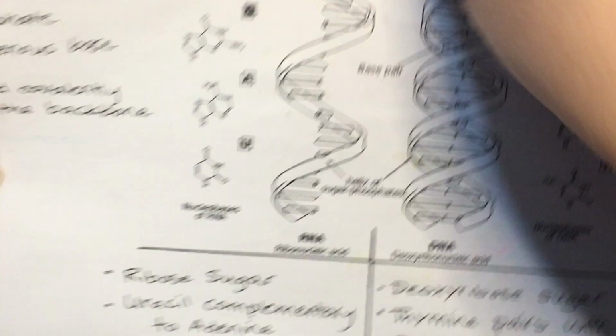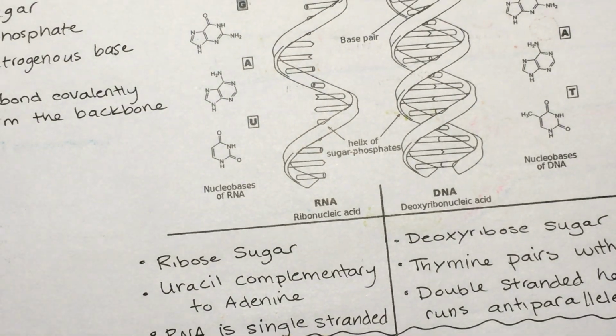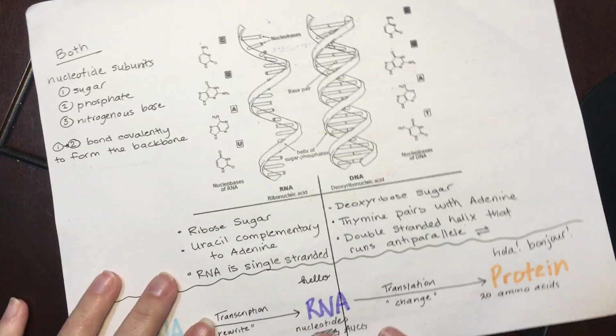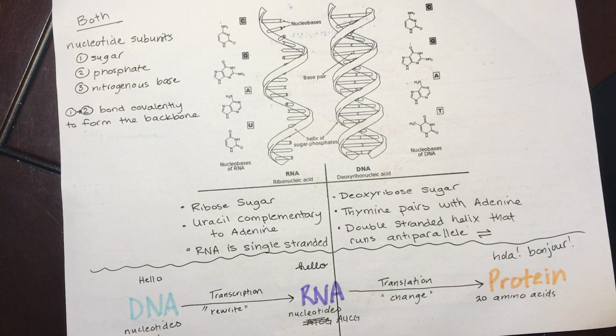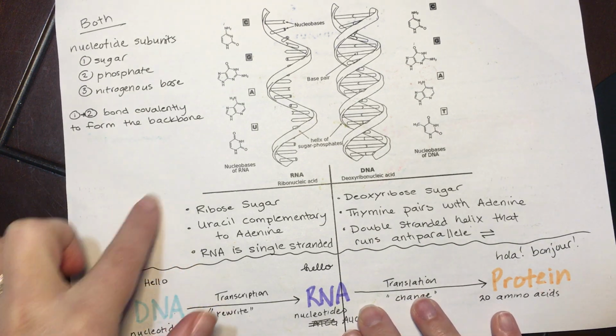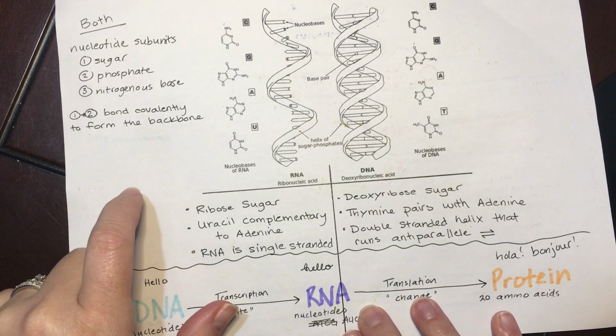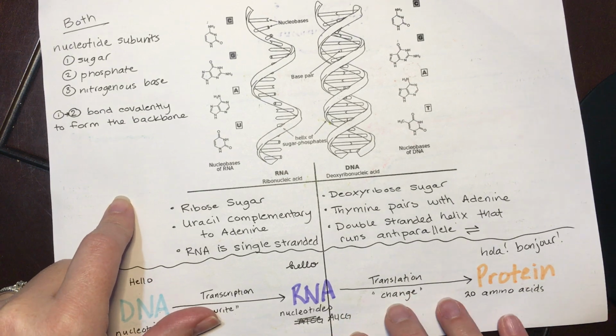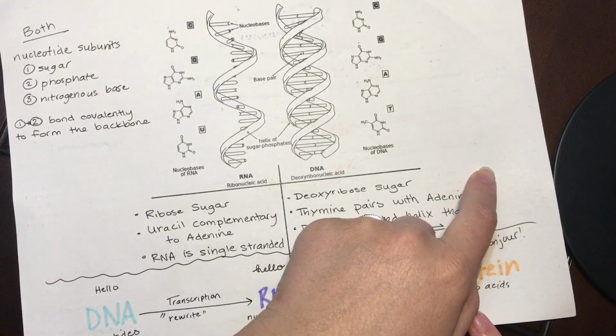On the back of this, there were just a couple of diagram pieces here. I think the one that is uploaded on Schoology has an image of what one nucleotide of RNA and one nucleotide of DNA looks like.